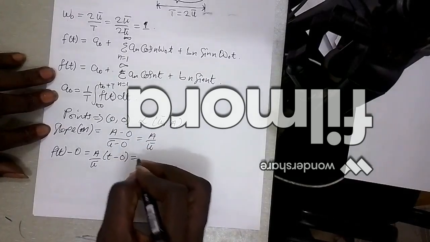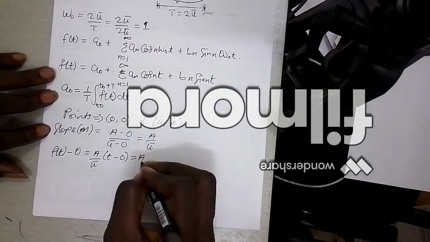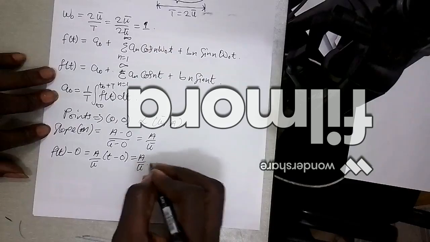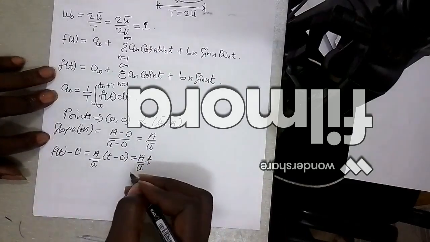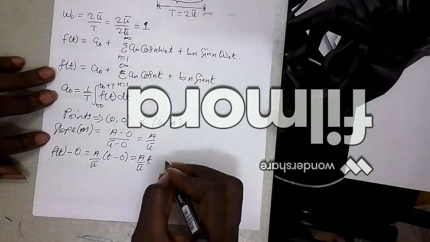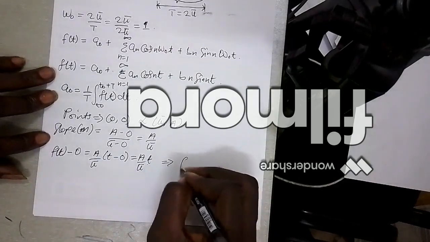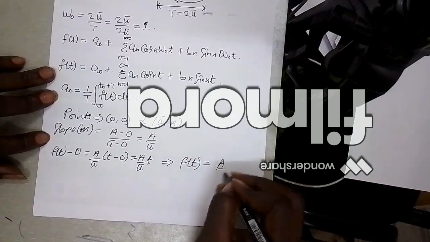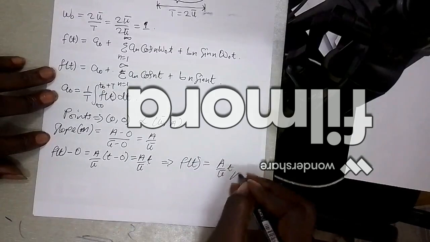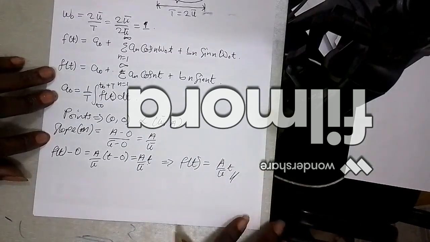So when you do this, you get A over pi t. So my f of t is equal to A on pi t. Alright, so this is my f of t.